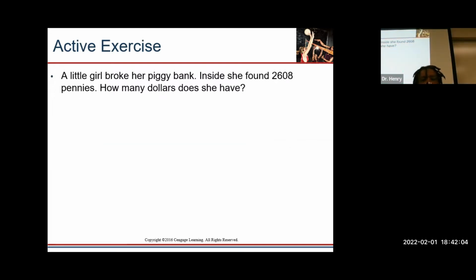Okay, a little girl broke her piggy bank. Inside, she found 2,608 pennies. How many dollars does she have?